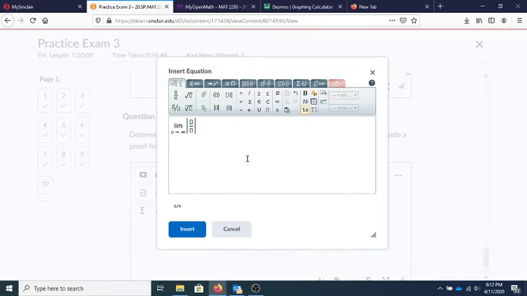Now remember we start with the n plus 1 term, so we want 2 to the n plus 1 over n plus 1 to the 4. And then we multiply by another fraction, so I can use this little multiplication symbol. Toss in another fraction. This one will be n to the 4 over 2 to the n.